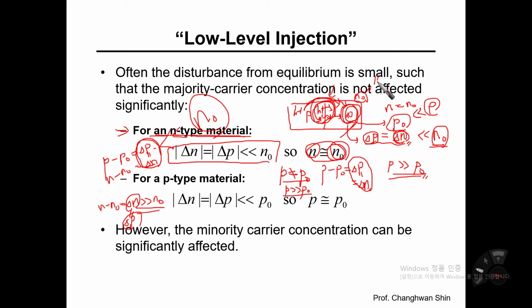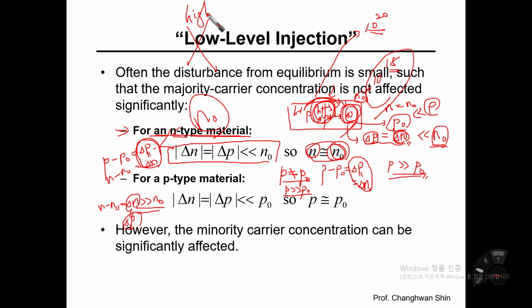So suppose n naught is 10 to the 18, and the number of holes injected into the n side is 10 to the 20 in this case. Then the majority carrier concentration would also be changed.